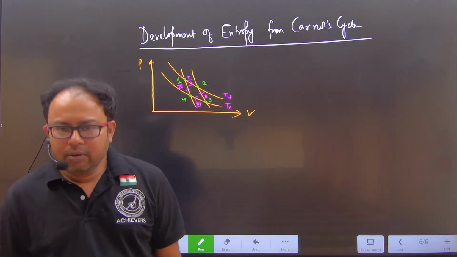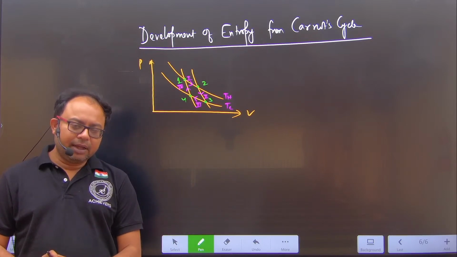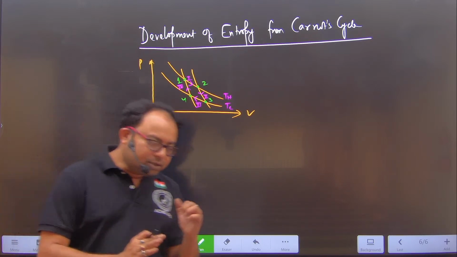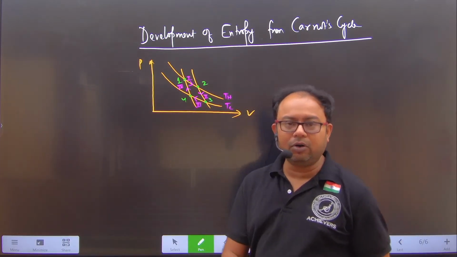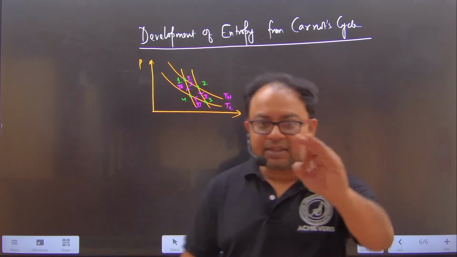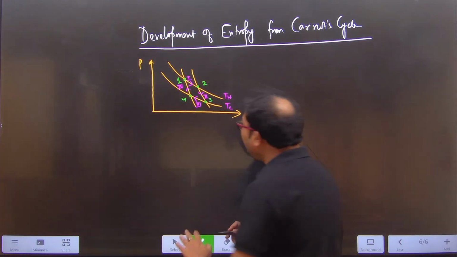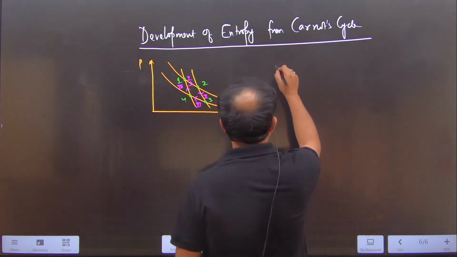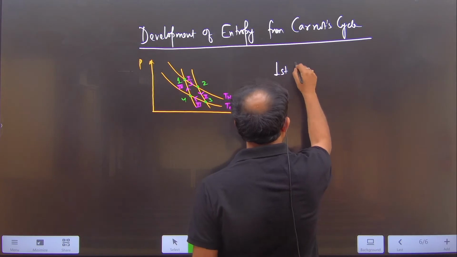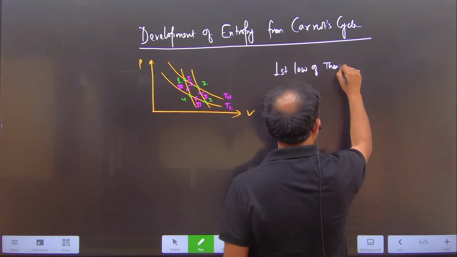Our objective in the present lecture is to develop the concept of entropy right from the Carnot cycle. So we'll be starting from the first law of thermodynamics. What do we know from the first law of thermodynamics?